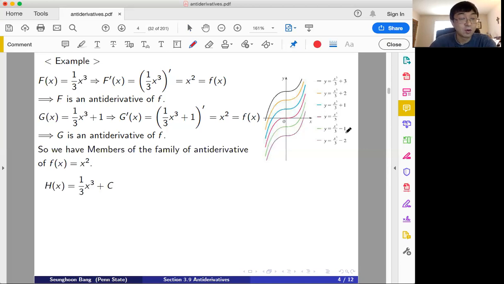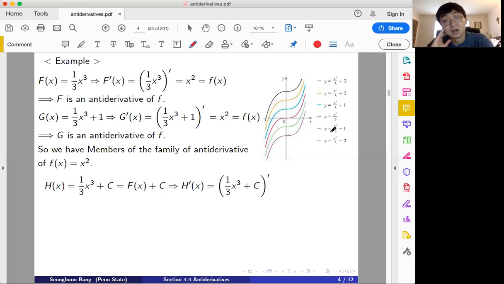So we have one general form. The capital H of x is 1/3 x cubed plus c, where c is any real number. This is the same as capital F of x plus c. Take the derivative: H prime of x is (1/3 x cubed plus c) prime. The (1/3 x cubed) prime is x squared, and c prime equals 0.